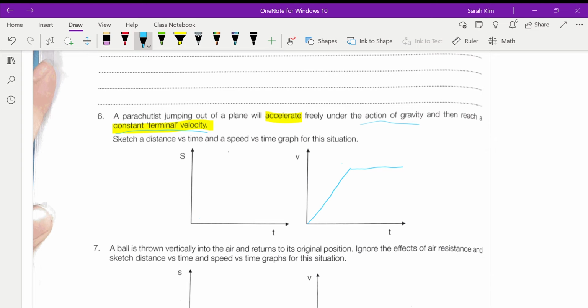Right, so let's now use that understanding and try to draw a distance versus time graph. When it first jumps out of the plane, obviously it's going to be 0, and then as it progresses and the parachute opens and it starts to slow down, it is covering distance but not as quickly. So there's kind of two options.